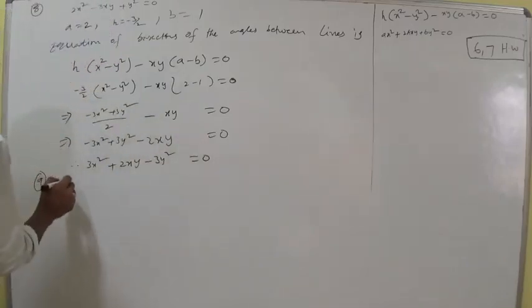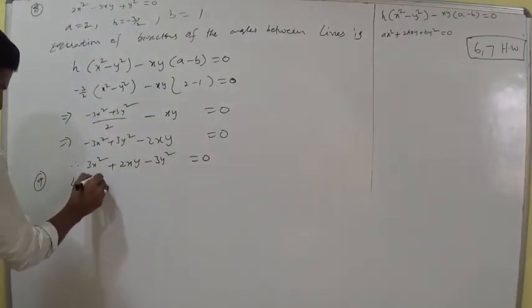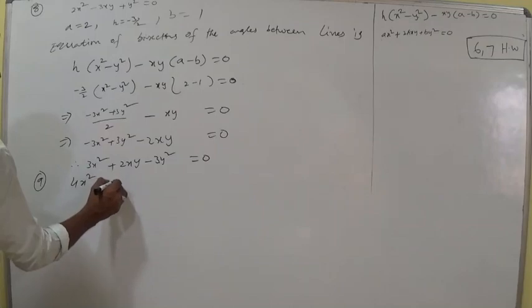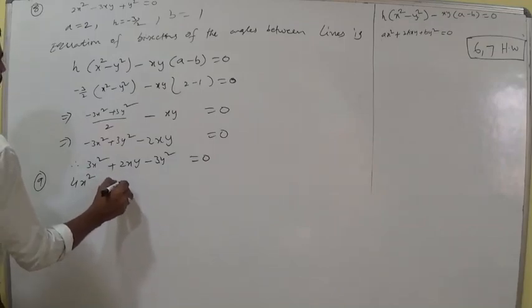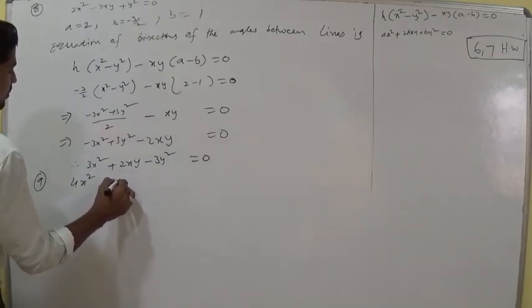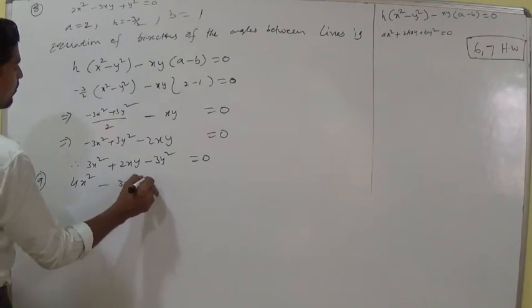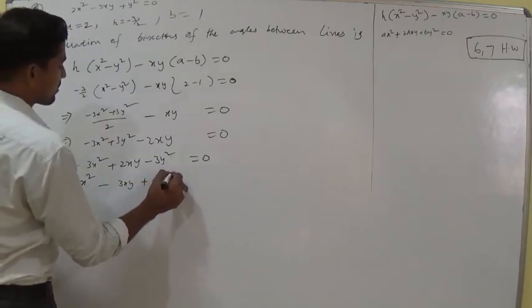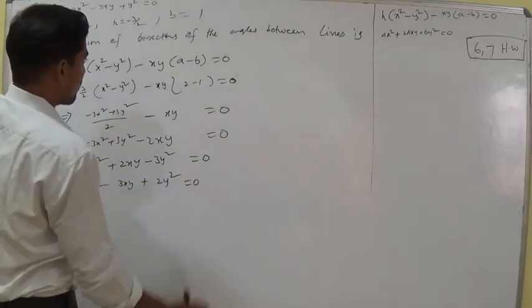So one more one is 4x square minus 3xy plus 2y square equal to 0.